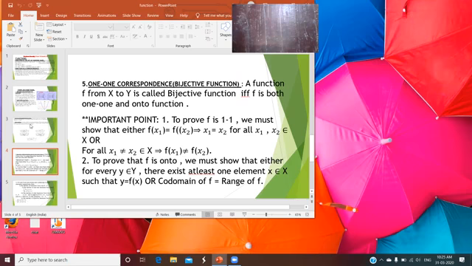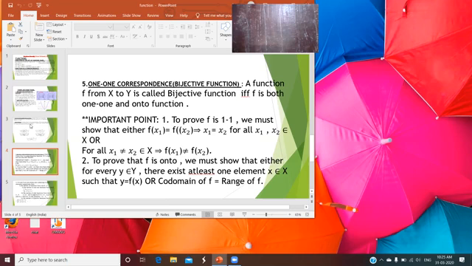Means if the function is 1-1 and onto, then you can say that the function is a bijective function or 1-1 correspondence. So if you want to prove that a function is bijective, the function should be 1-1, that means injective, and onto, that means surjective, both.